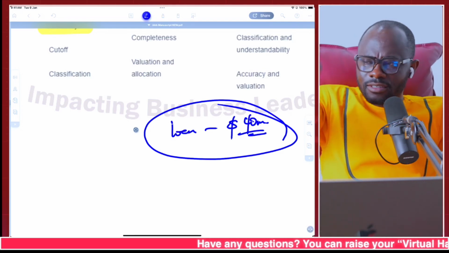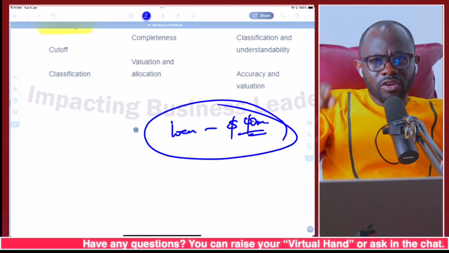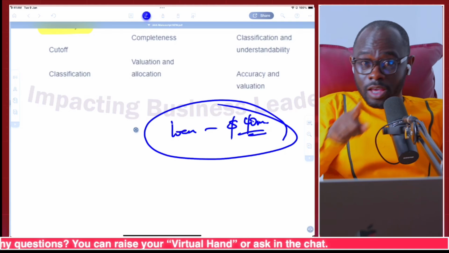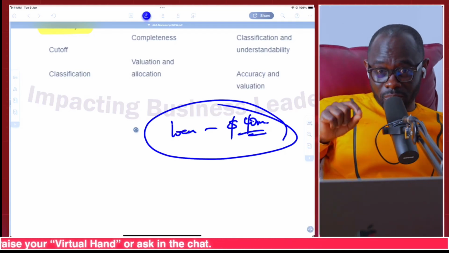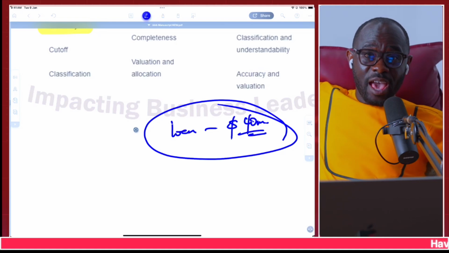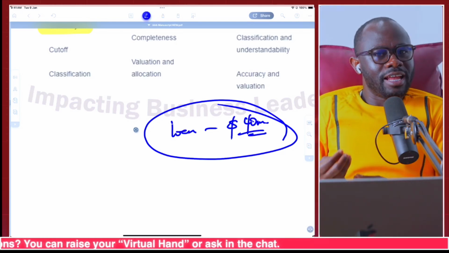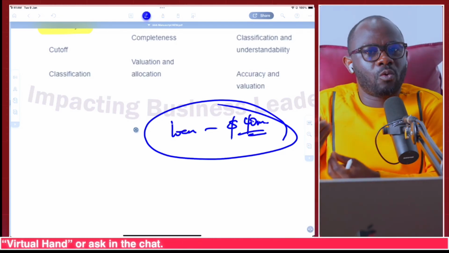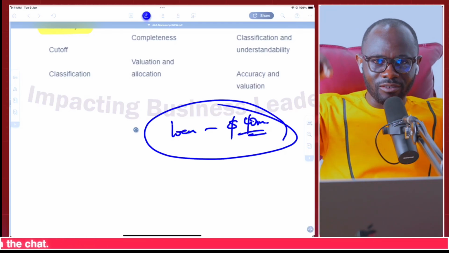Where is it? Where is the 40 million in the account? Because maybe the company went for a loan, but it ended up in the account of the MD. As auditors, these are the things we love. These are the things we question. Is it in the account of the entity?